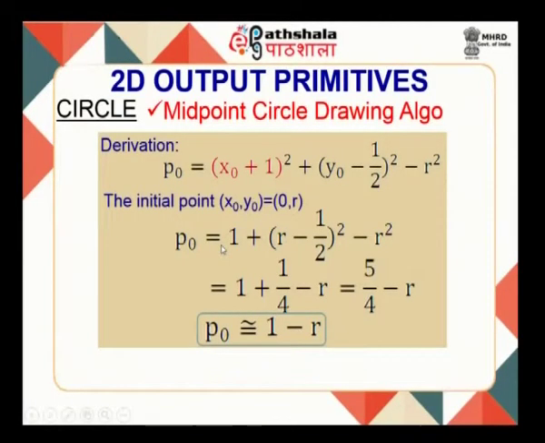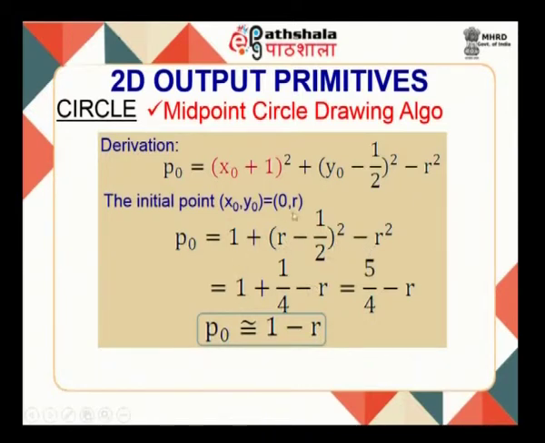You will understand this much better when we solve a simple problem based on this. And the initial decision parameter, that is p_0, is given by x_0 is 0, y_0 is r. So, (0 plus 1) whole squared, 1 plus (r minus half) whole squared minus r squared.